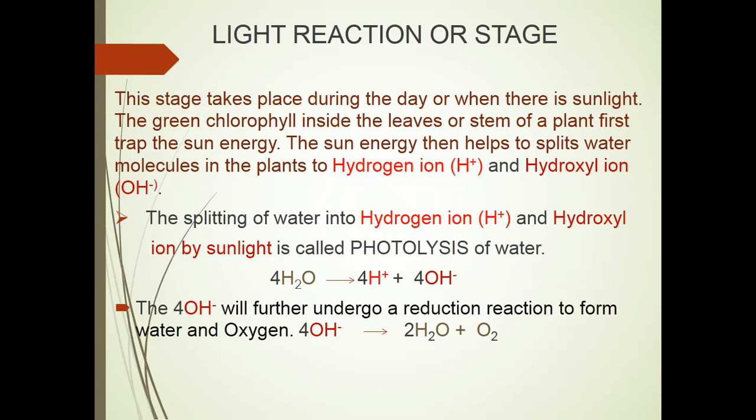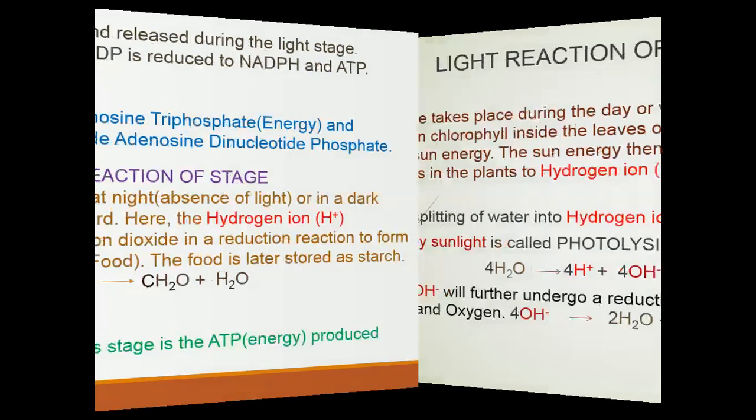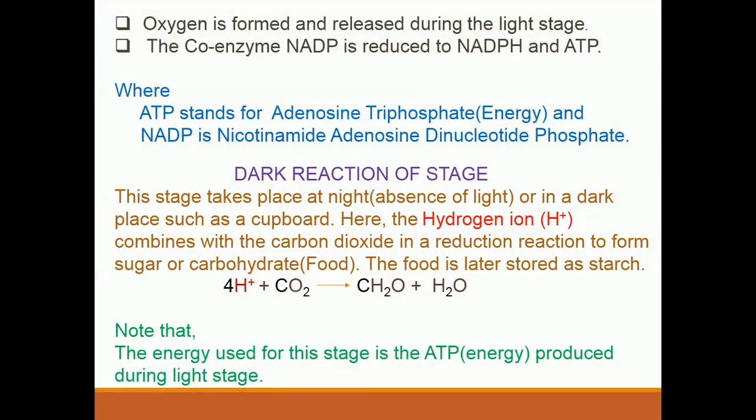Now the hydroxyl ion will further undergo a reduction reaction to form water and oxygen. So we can say that oxygen is formed and released during the light reaction stage.